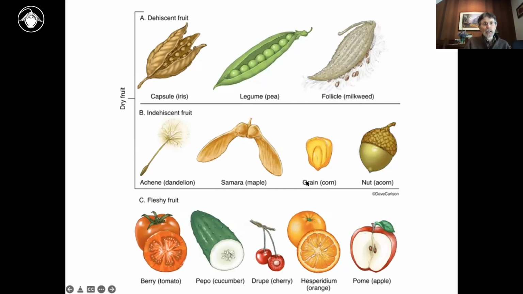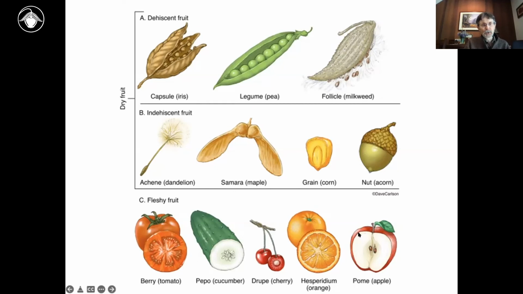And a grain is another case like a legume where it's associated with one family of plants, namely the grass family. So there are pseudograins like amaranth that are actually eudicots, but grasses are the family that produce grains. And then a nut is very similar to an achene, except you just have a thicker ovary wall associated with the seed. And the seed may or may not be fused inside.